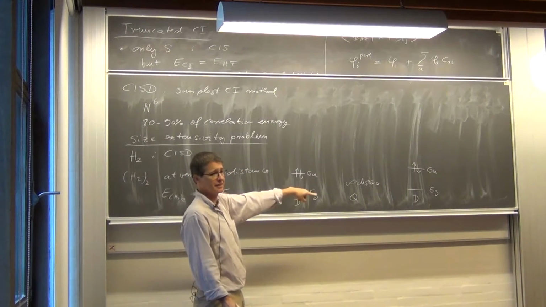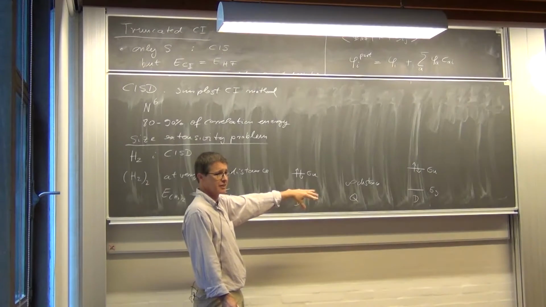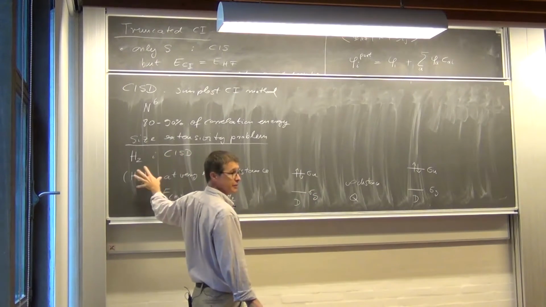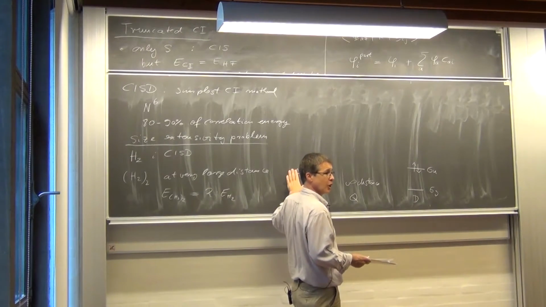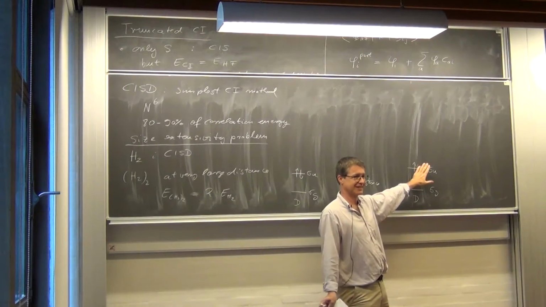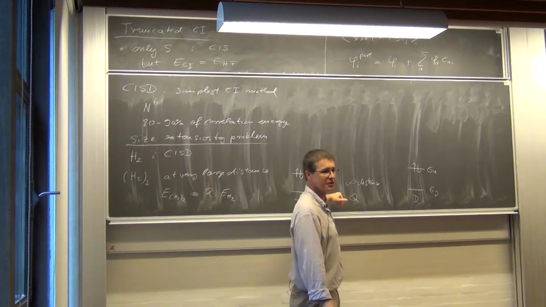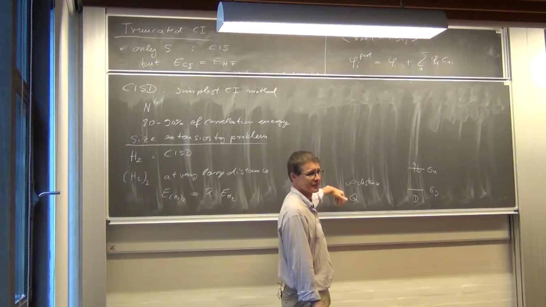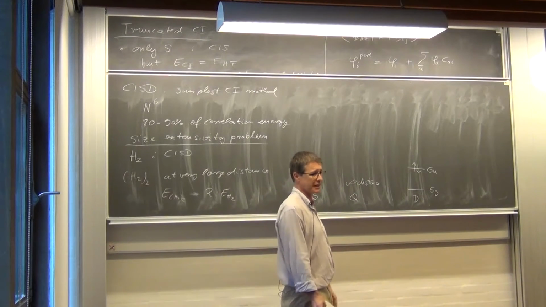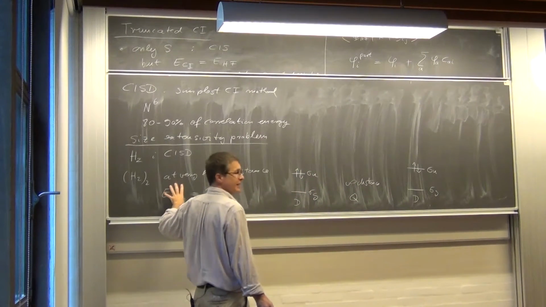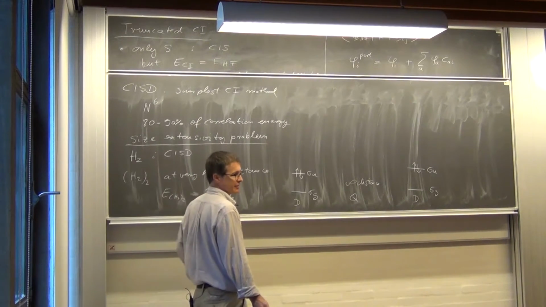So this determinant is not going to be in my wave function if I do the dimer. I'm going to have this or this, but I'm not going to have both together. So I haven't included all the determinants which would be necessary to describe the dimer at the same level as I described the monomer.